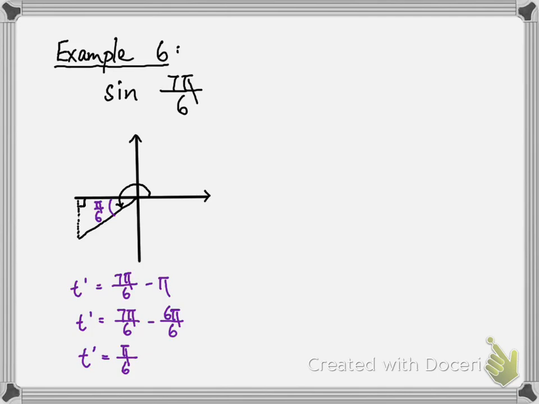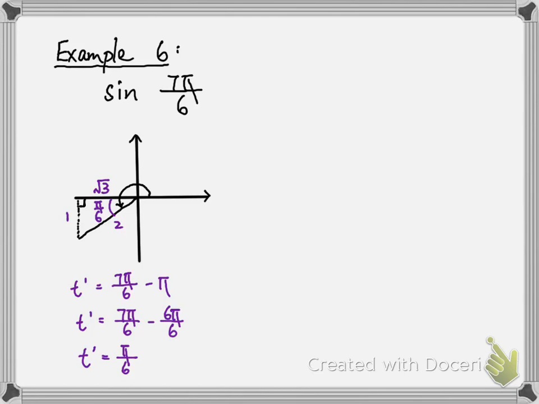Again, we have a special triangle, pi over 6, pi over 3, pi over 2 triangle. The side that facing pi over 6, the smallest angle, is 1. Hypotenuse is 2, and the remaining side is square root of 3. Check the sign of the numbers before you draw conclusion to this problem.